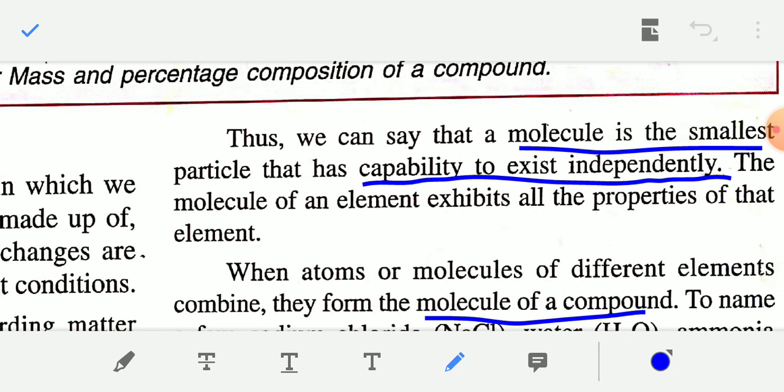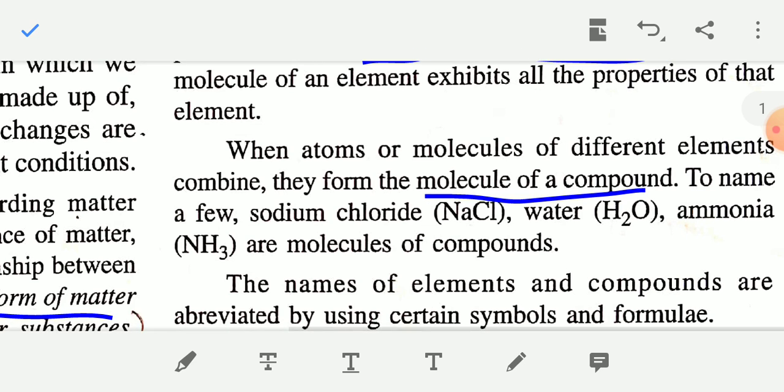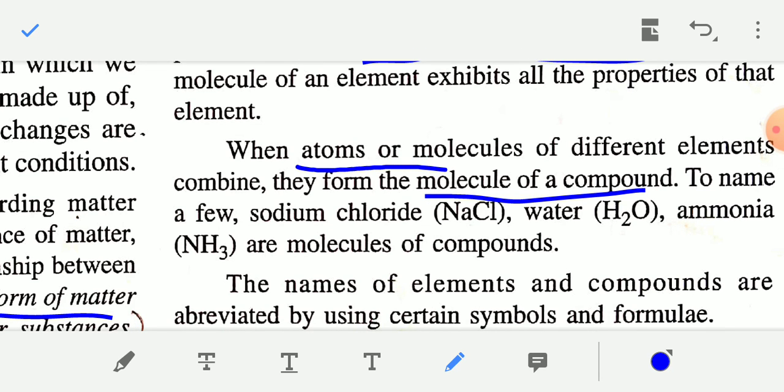Okay, when atoms or molecules of different elements combine, they form the molecules of a compound, not a molecule of an element.